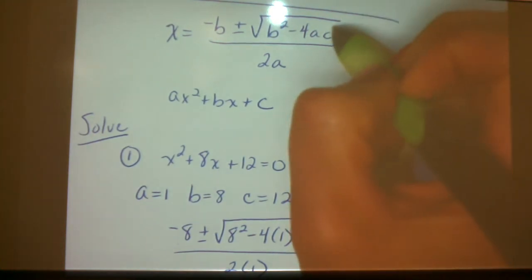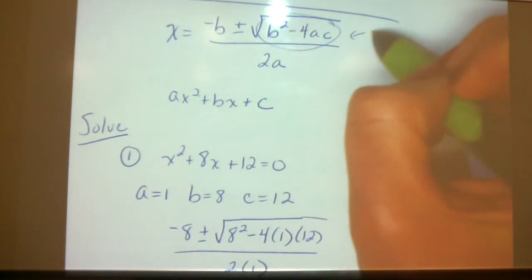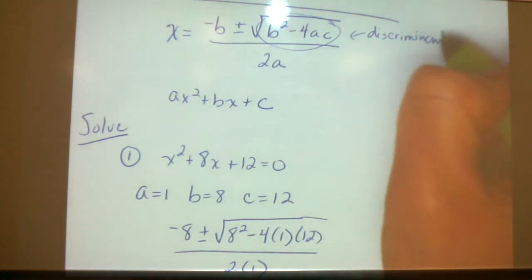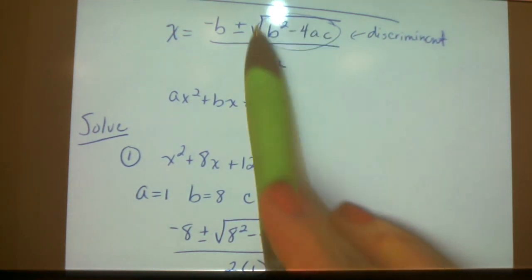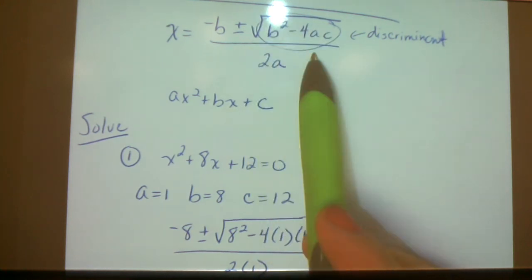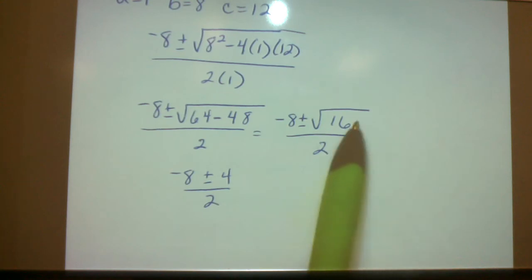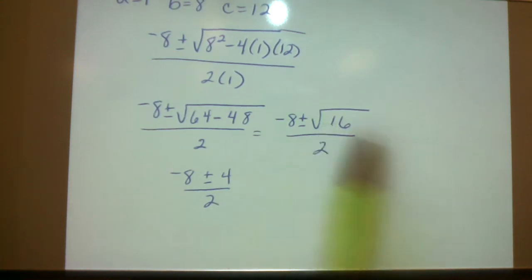This is what we call the discriminant, what's underneath that radical sign. So I knew that number was a perfect square. So that's telling me when it's a perfect square and it's not a 0, I'm going to be getting 2 solutions, 2 of them.